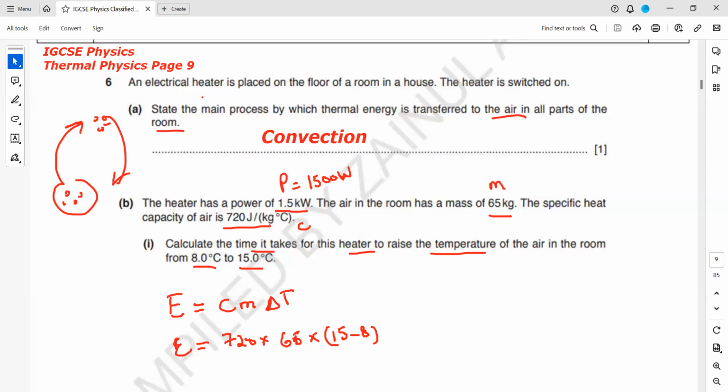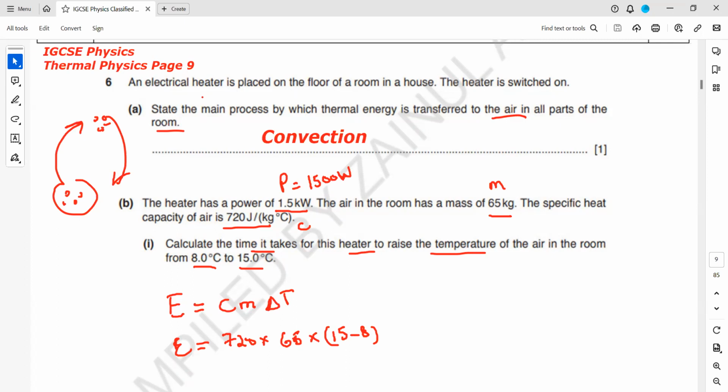What's the answer for this? 720 times 65 times 15 minus 8, which is 7. How much energy is being absorbed? When you multiply all these three factors, it is 32,760 joules. Okay.